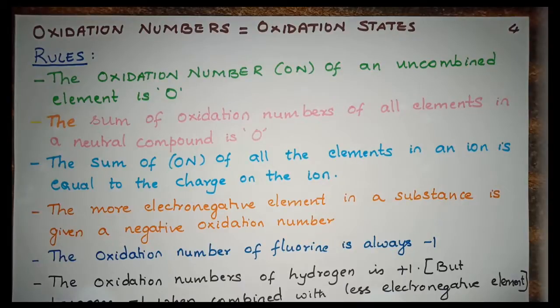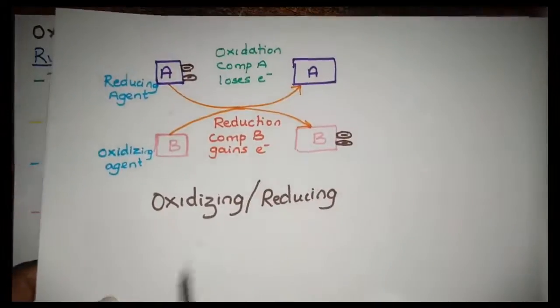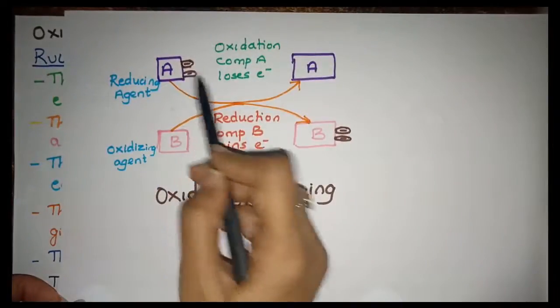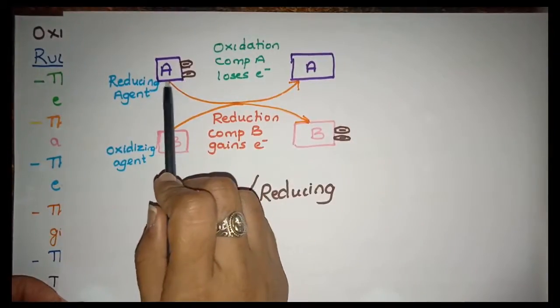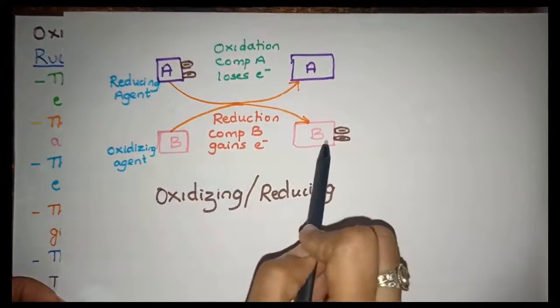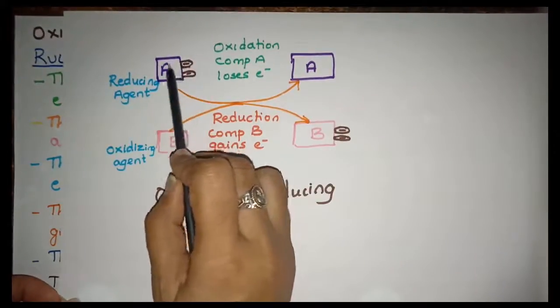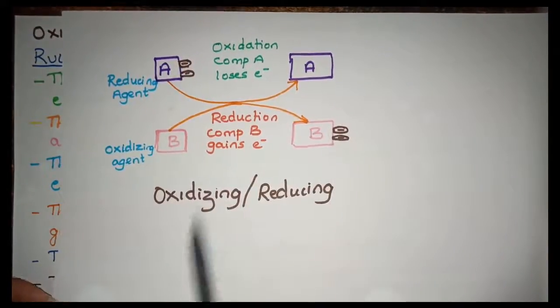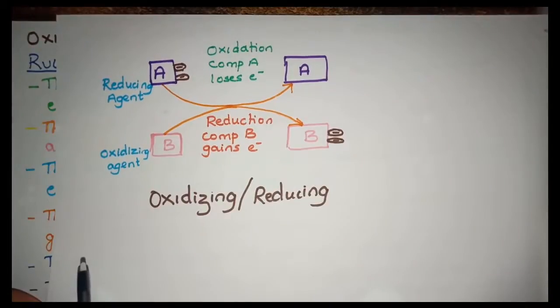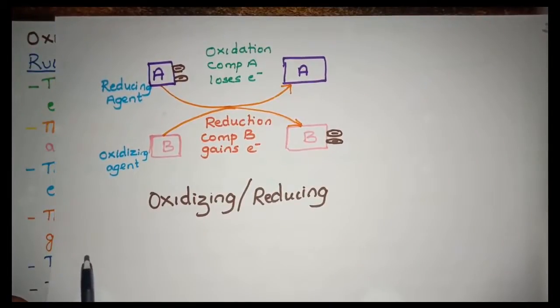However, you should know that to work as either an oxidizing agent or a reducing agent, there is a very specific number of electrons that can be transferred from A to B, right? And this number of electrons is something that we need to know to determine the characteristic of an atom or an element in a reaction.